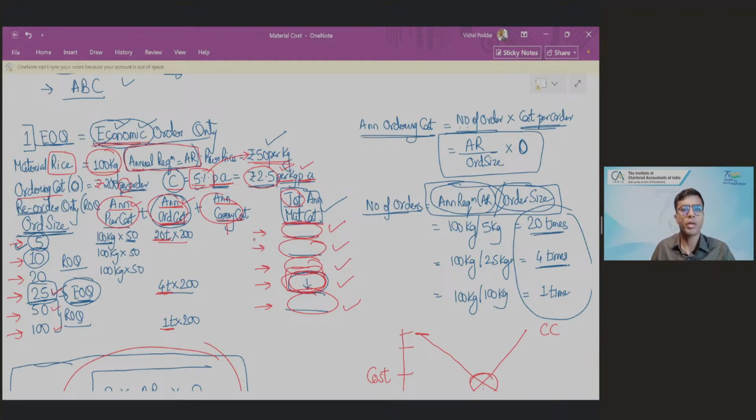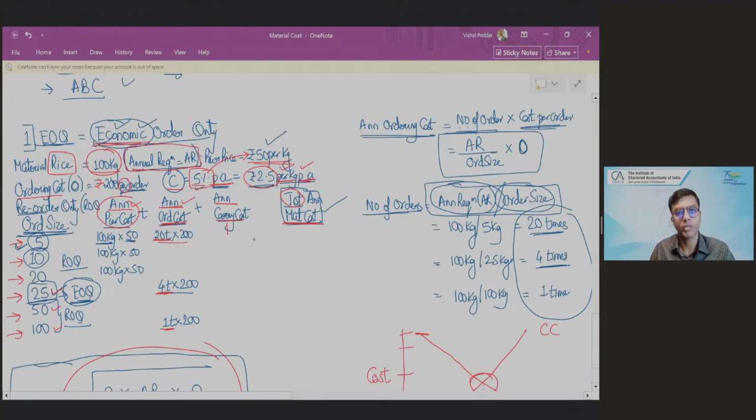Now, to determine the minimum cost, remember the simplest way, without going into any hassles of mathematical formulas, is to do trial and error. What is trial and error? For each option that you have, find out each of these costs individually, add up the cost, and find out the total material cost.